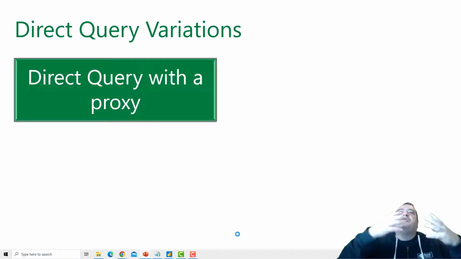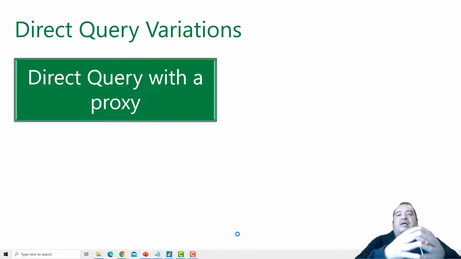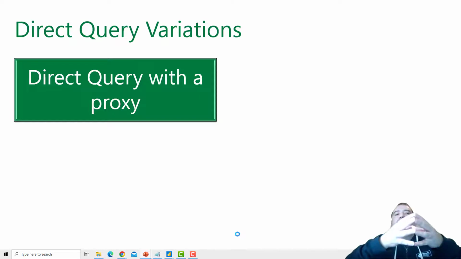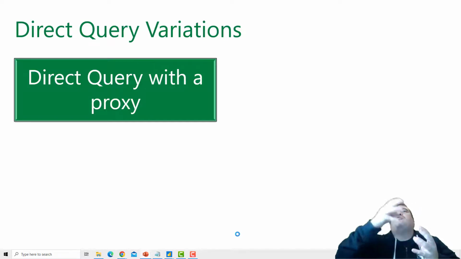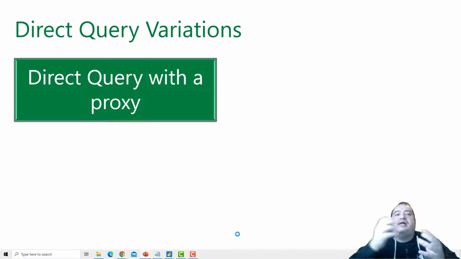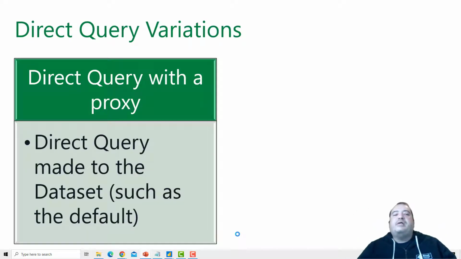And you'll be creating a composite dataset which will act as a proxy in this scenario. A proxy to your Lakehouse. That's what we can call a DirectQuery with a proxy. DirectQuery made to the dataset, a dataset that you create.